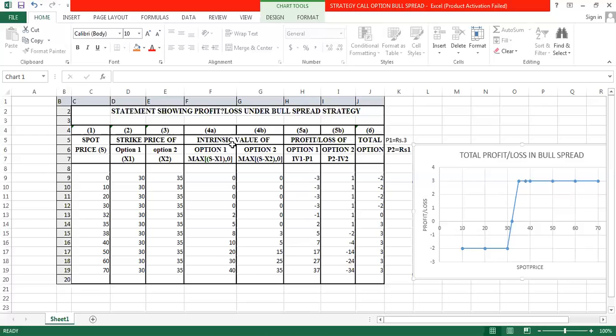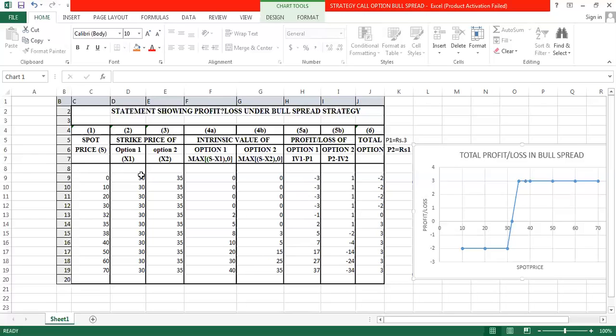Now both are call options. In case of a call option, we know that intrinsic value can be positive if the spot price rises above the strike price. Because in a call option, we have purchased the right to buy the underlying asset at the strike price.